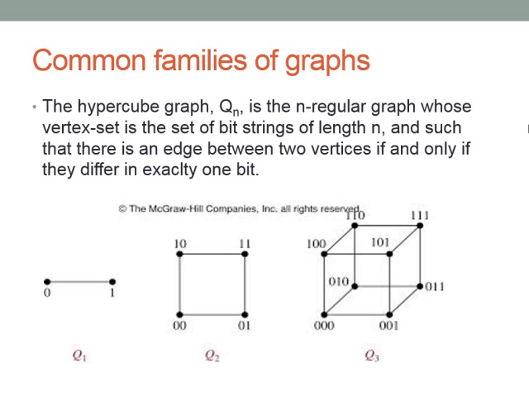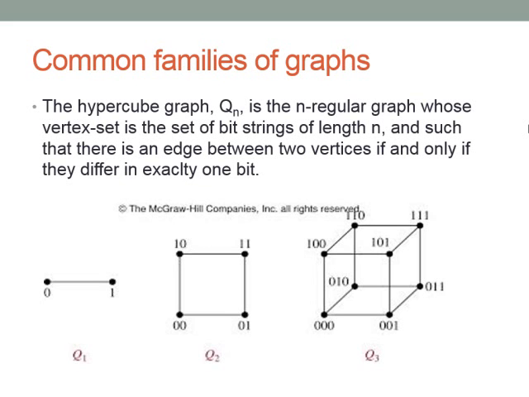If two binary strings differ in just one position, we want to put an edge between those two vertices. So for example, 1,0 and 1,1, they differ in the last position only. So there's a connecting edge. However, 1,0 and 0,1, those two differ in two places.